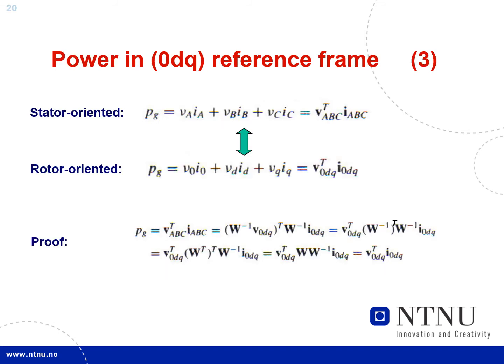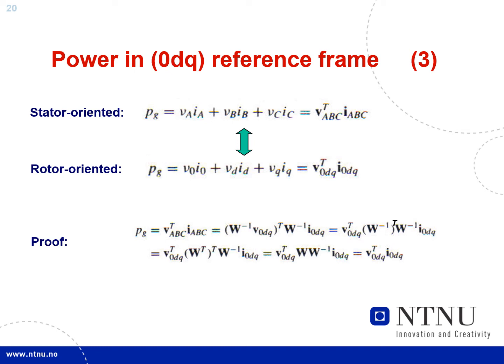The third point is quite straightforward, so I won't spend any time on that. You remember the way of computing power by multiplying phase voltage and phase current in all 3 windings.